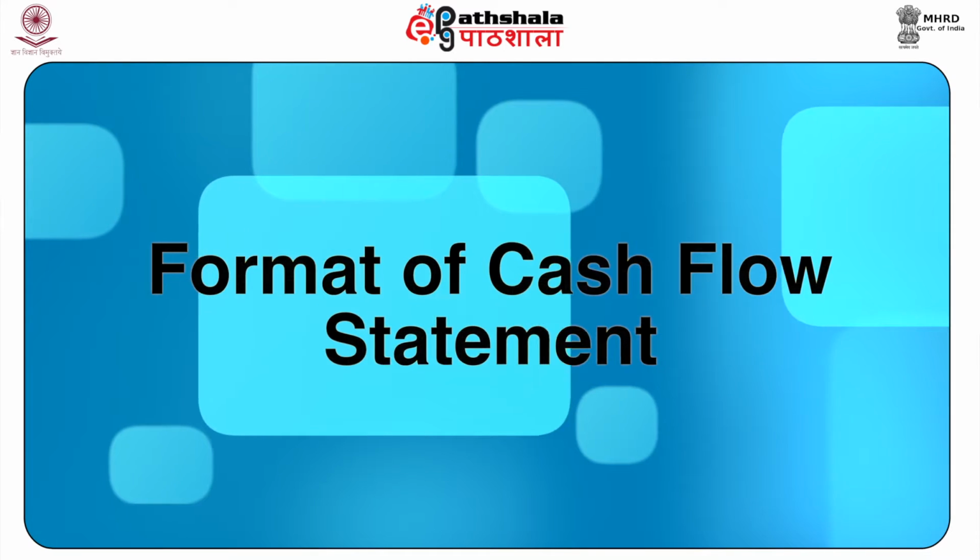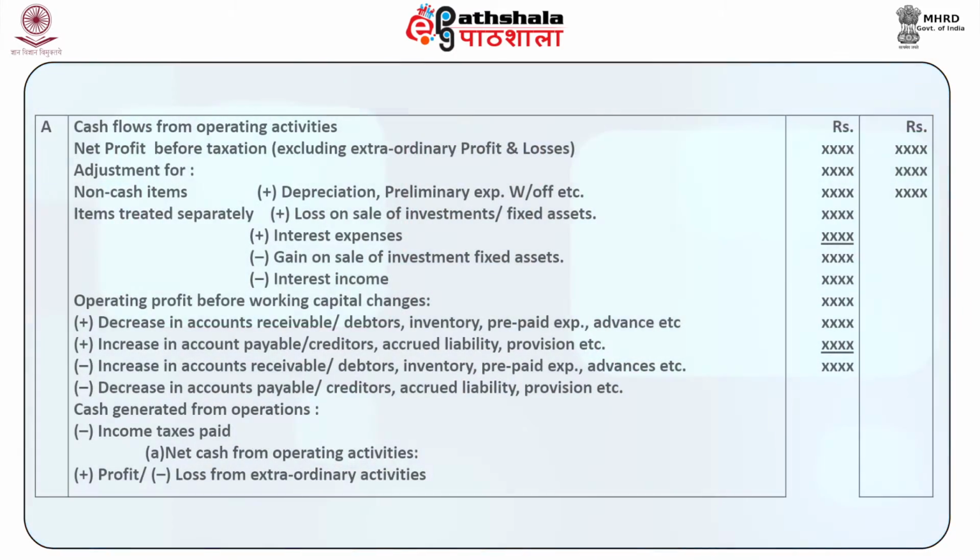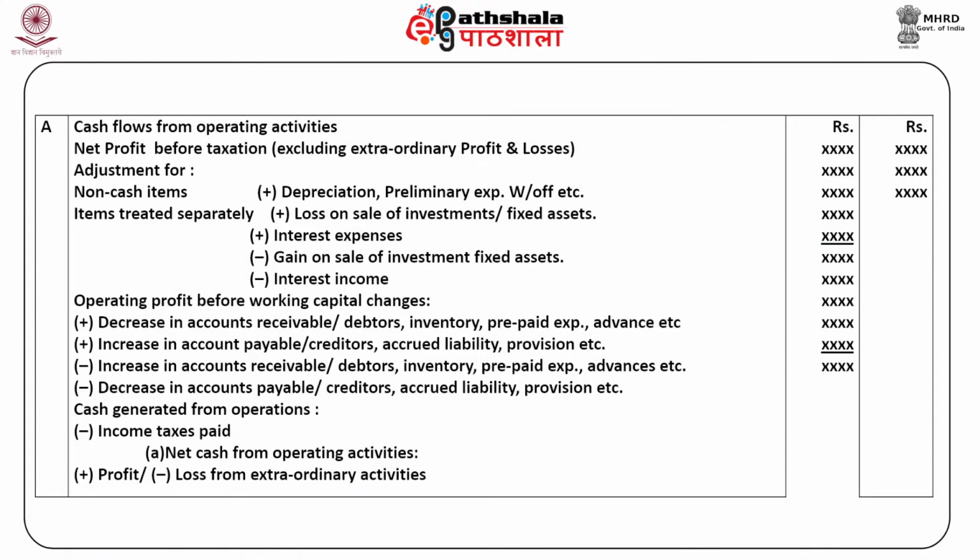Format of cash flow statement. Indirect method of preparation of CFS for the year ending. The format is something like as shown in the table. A. Cash flows from operating activities.